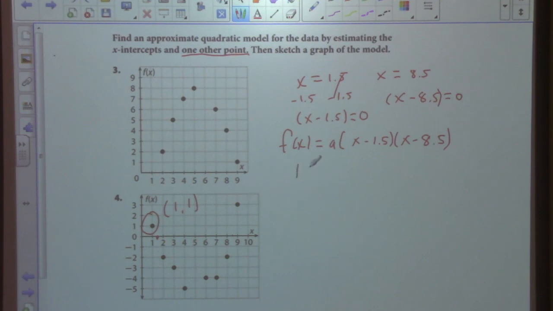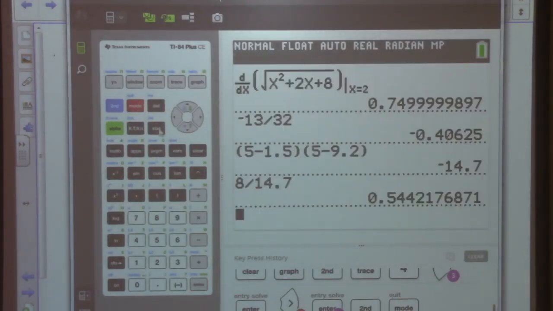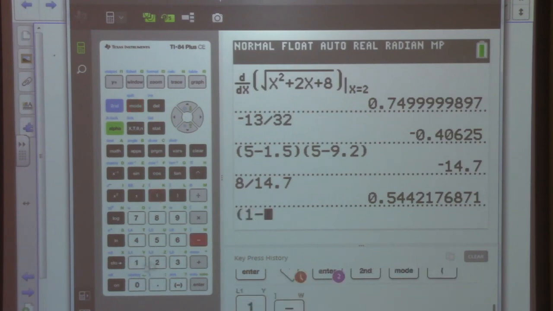So here we have 1 is equal to A times 1 minus 1.5 times 1 minus 8.5, right? So you have 1 minus 1.5, 1 minus 8.5.